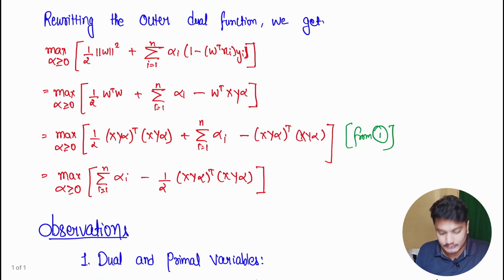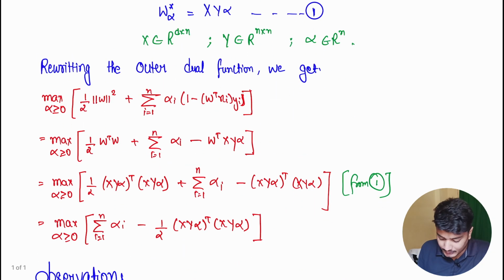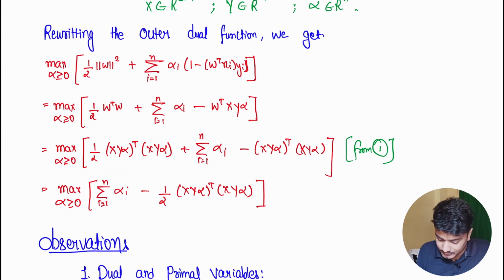Now to maximize, we can take the gradient, and we know the value of w. We got the value of w, so we will put it here. It is a maximization problem, because we have max over min, right? So from the min we solved and we got w, right? We put it here, and we get w equals to this.